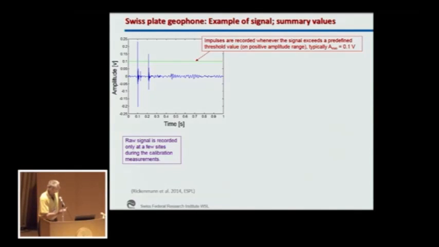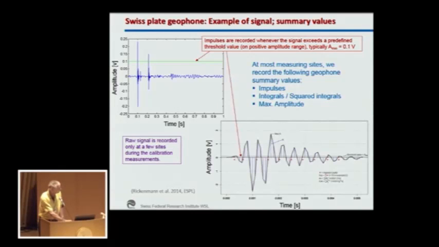One of these values is explained here. We define a threshold voltage output, which should guarantee that we don't pick up the noise, and we simply count the number of events when the signal exceeds this threshold value.